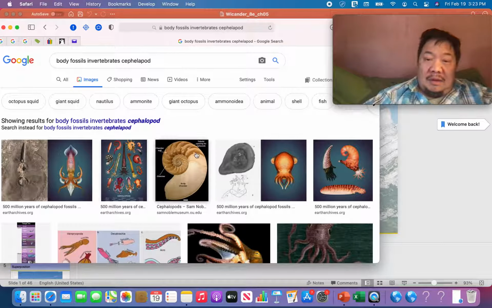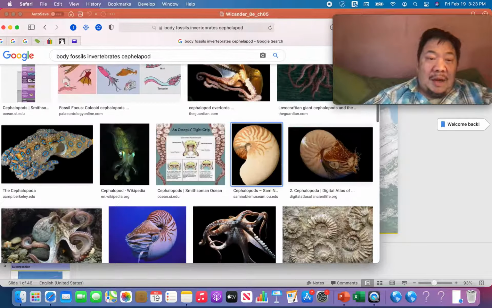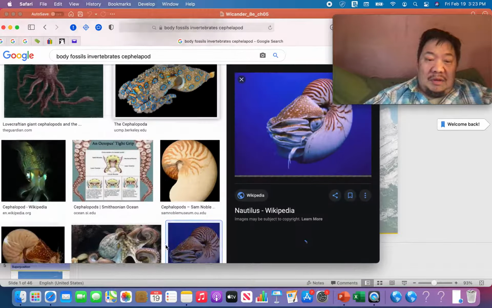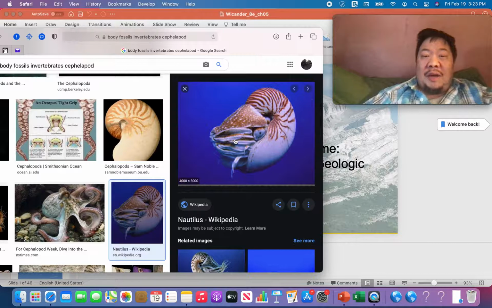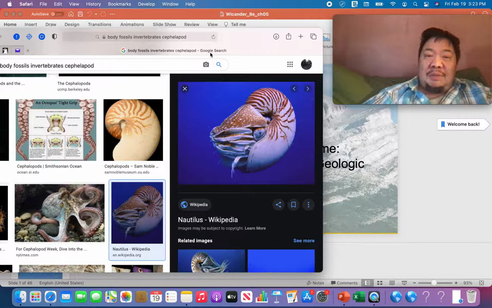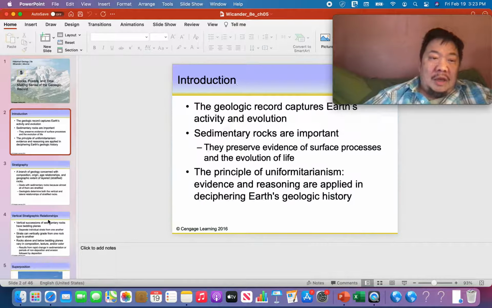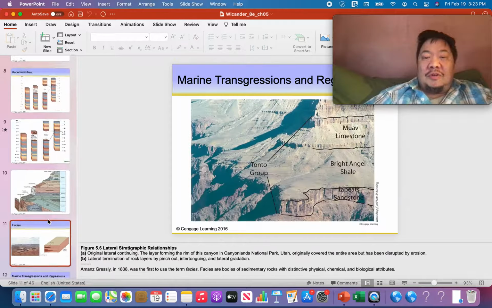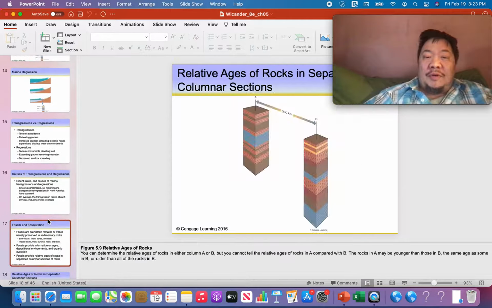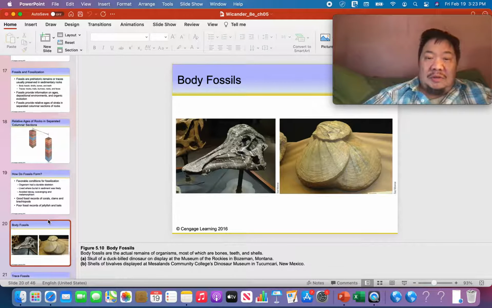Cephalopods are squid or octopus-like creatures, and sometimes they have shells, like this nautilus that lives in the Southwest Pacific, and they get preserved in the rock record. So, body fossils are actual body parts, and almost always are hard body parts.